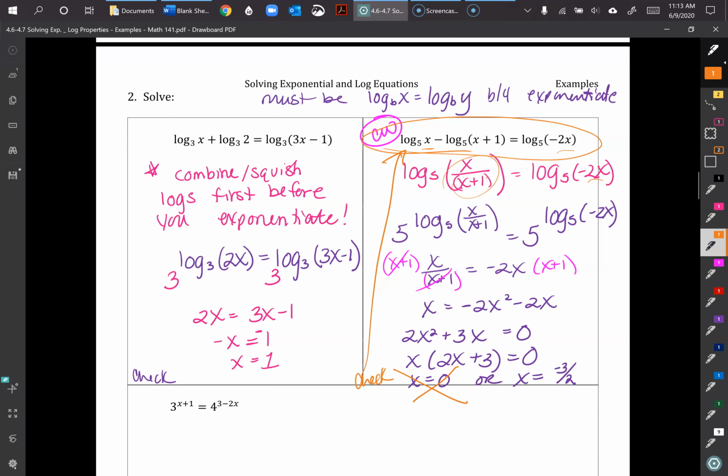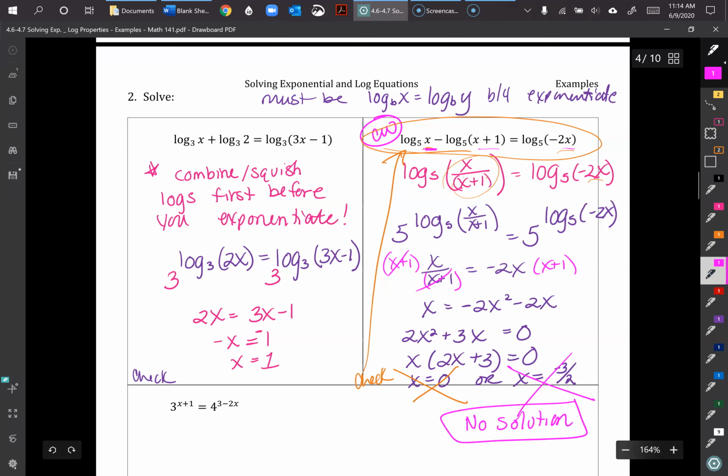Now the negative 3 halves, that fails. That also fails right here for the x. And for this one too, it would be okay for that, but has to work for all of them. If any of them end up being not in the domain, then we can't have that one either. So we would say no solution for this one.